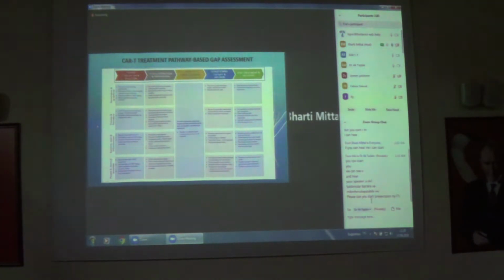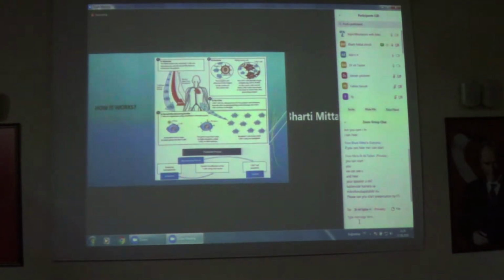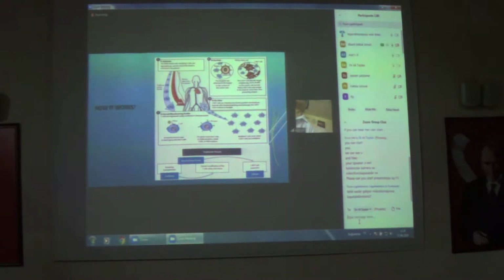So how do CAR T cells work? This is an overview of the entire process. First we have the selected patients who are potential recipients of CAR T cells. We harvest the T cells from the patient using apheresis.